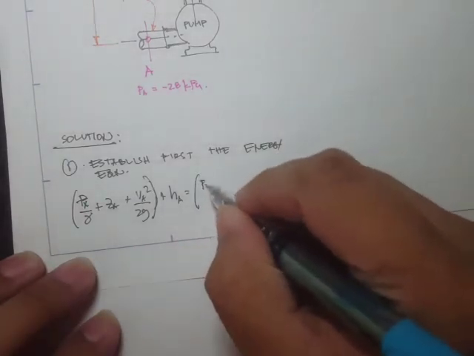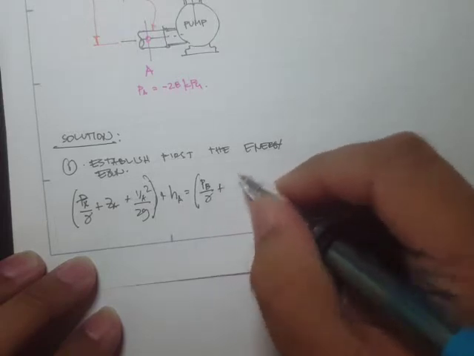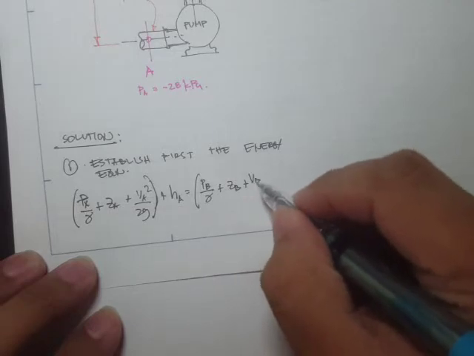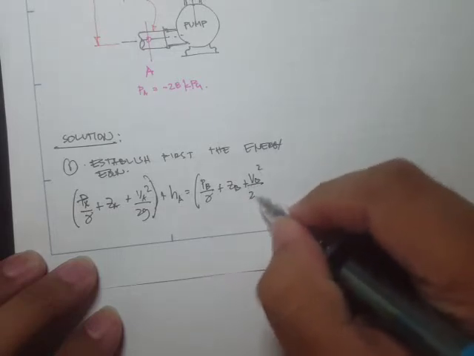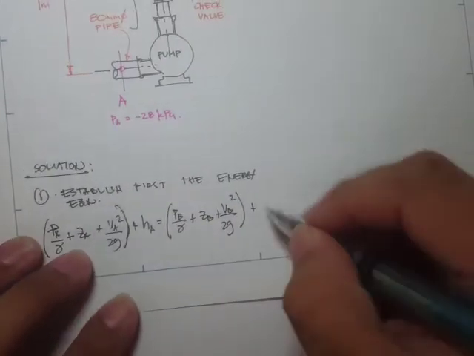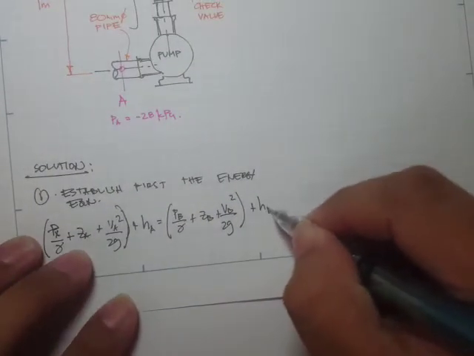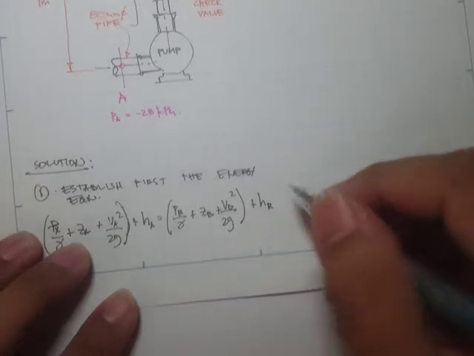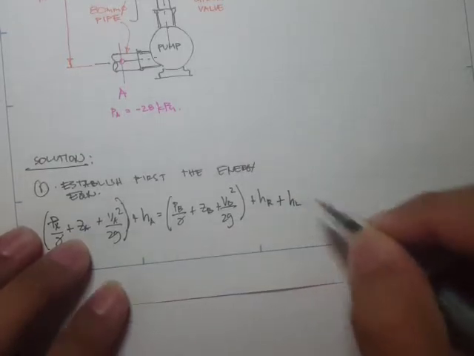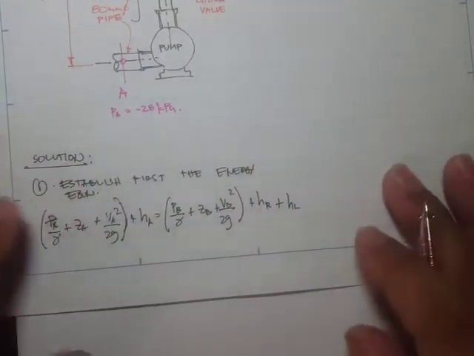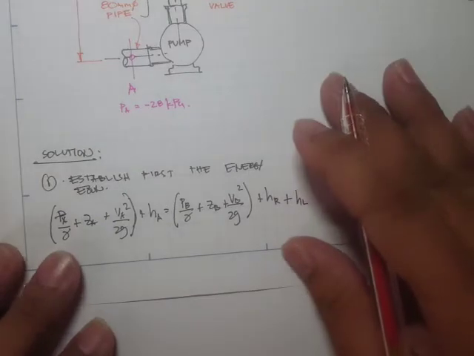So that's the pressure head at B plus the elevation head plus the velocity head at B, V B squared over 2g, plus H sub R, energy removed by a mechanical device, although this one is 0, plus H sub L. So let's try to cancel some terms here.